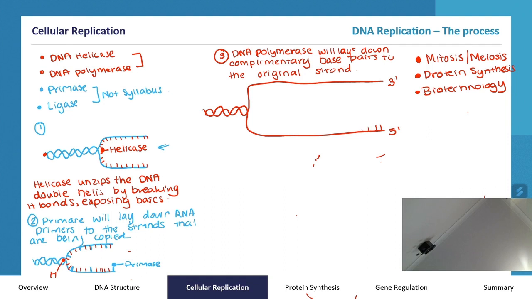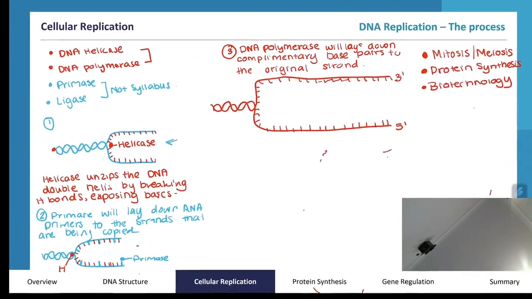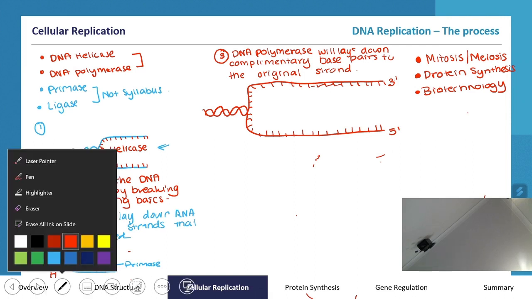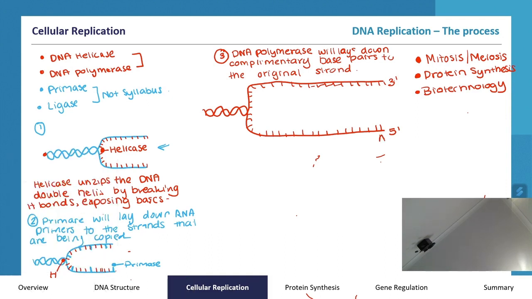And we start off with a couple base pairs, like so. And so we've got A, T, T, A, G up here.